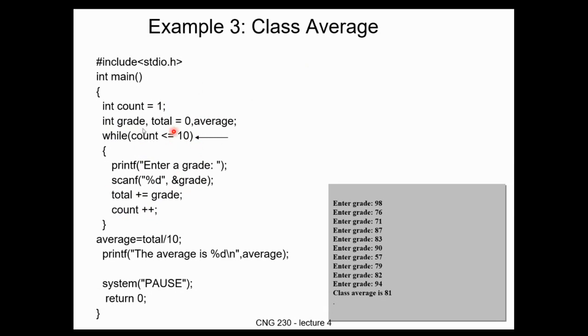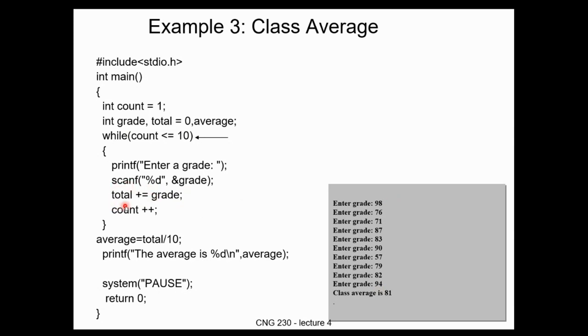All right, so total, we define it as 0 because at the beginning it should have a value, so that when you add the grade to it, it will be, for example, 98 plus 0, then the first total would be 98. And it will run again and again until 10 times, and we gather all the grades and we add them to each other.